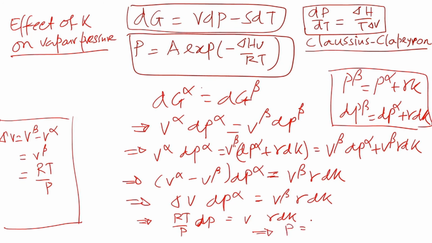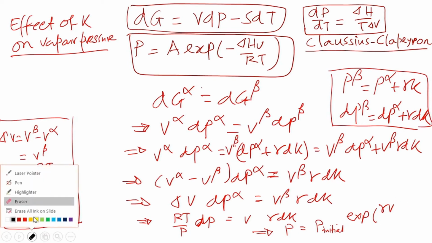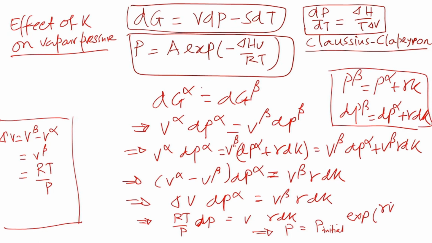So, you get P equals P initial times exponential of gamma V kappa over RT.